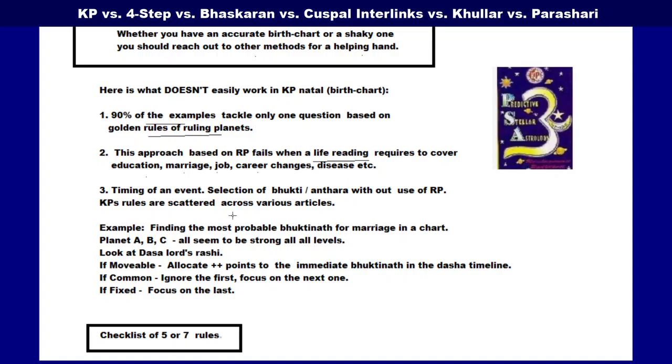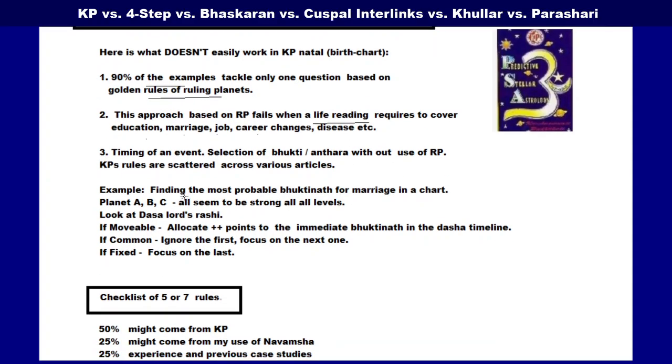Suppose you are finding the most probable Bhuktinath for marriage in a chart. If you're looking in a natal chart, and you have to identify which bhukti might bring about the marriage, this is not easy. This is not easy in KP. Or for that matter, the predictive side is really tough whichever methodology you follow.